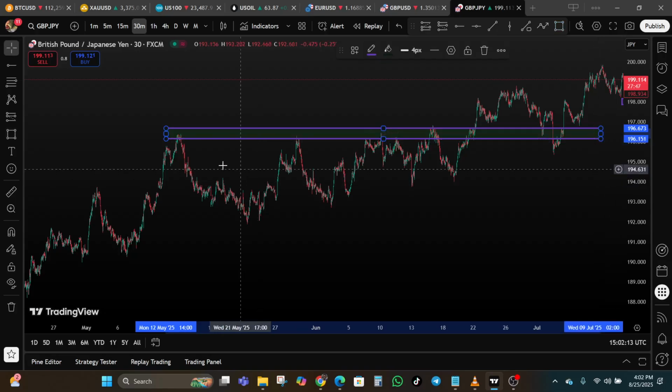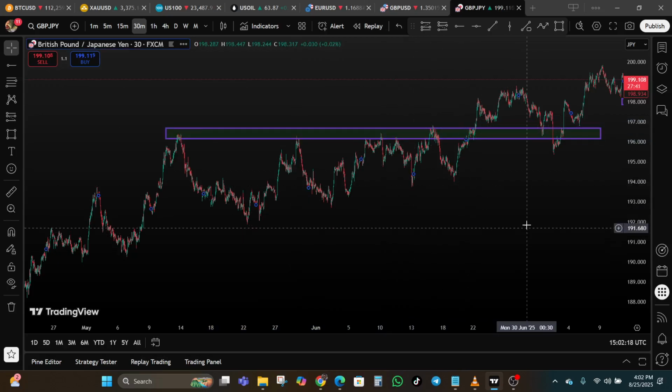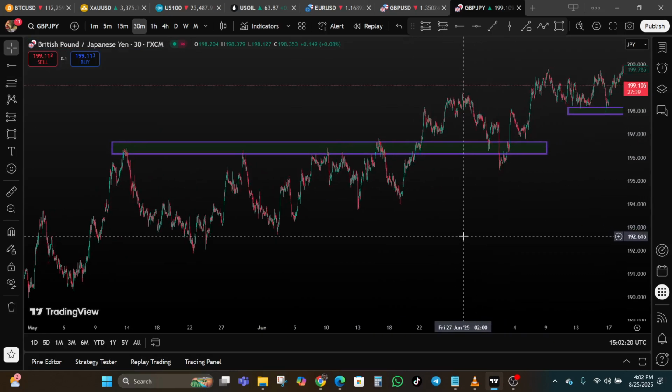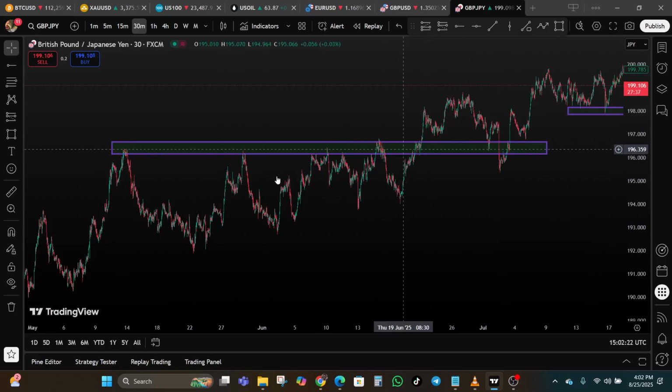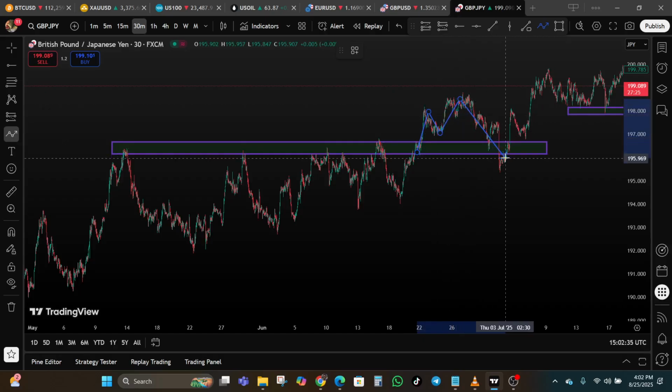You can see that with me. Price was rejected here, here again, here. So guess what? We had a breakout from this resistance zone. We had a breakout here, and then price came close. We didn't exactly touch it, but it went back up and came back and retested it properly.